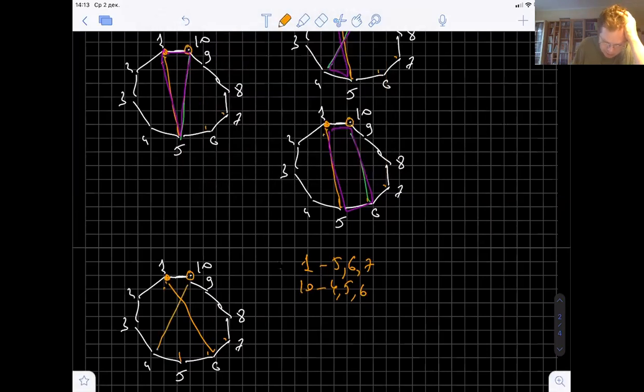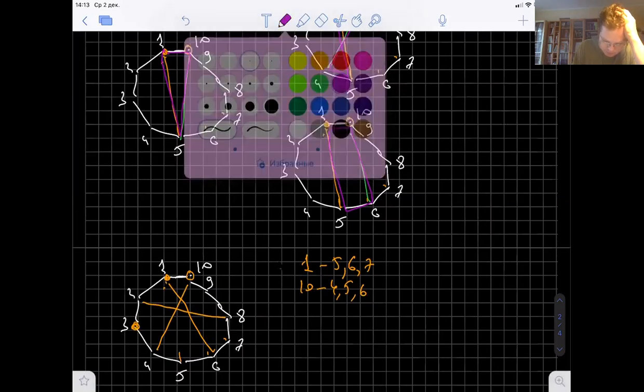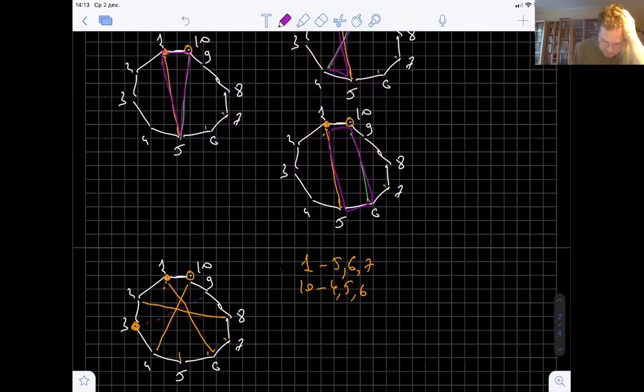And for the same reason, 2 is connected to 8. But then, for example, if we look at vertex 3, it cannot be connected with 9 because we will have this cycle.